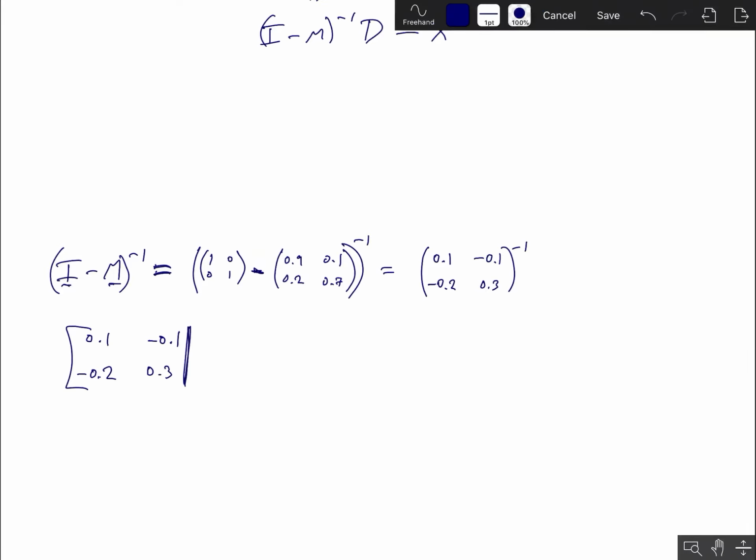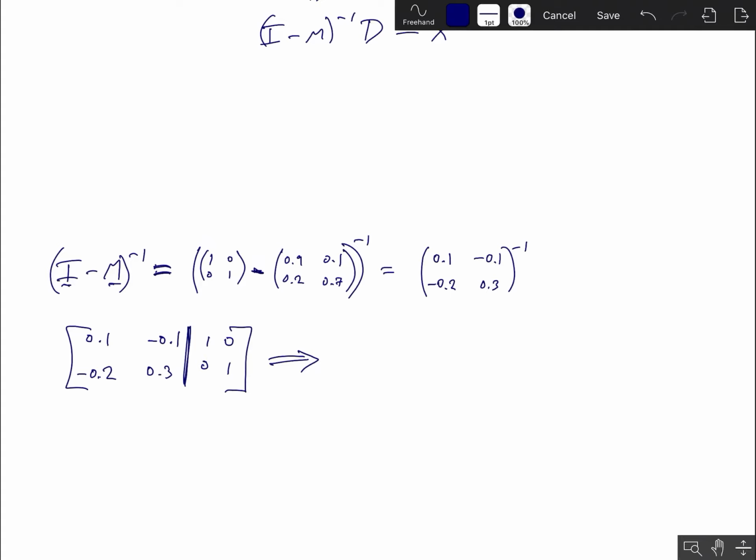And then remember, the strategy for inverting a matrix is we take the matrix that we want to invert, and then we append the identity matrix. So that's going to be on the other side of the augmentation bar. And then the goal is to row reduce the left side to be the identity matrix.